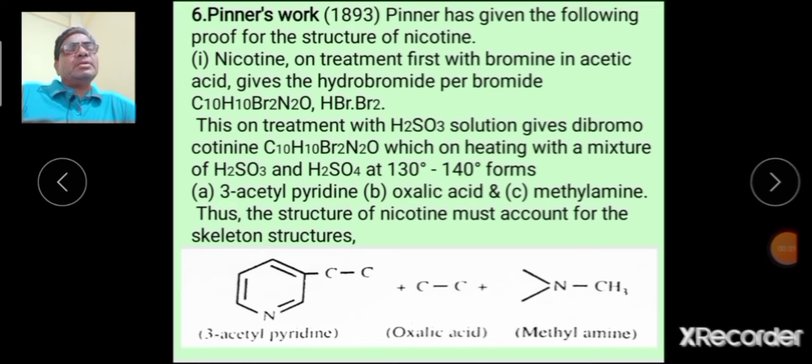Pinner's work: the scientist Pinner in 1893 gave the following proof for the structure of nicotine.